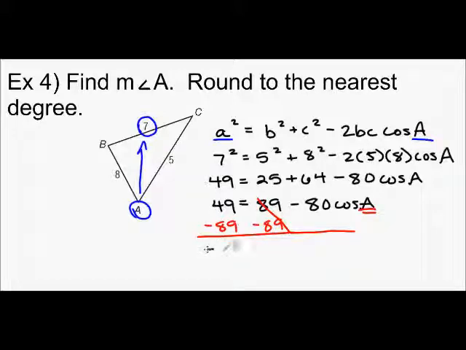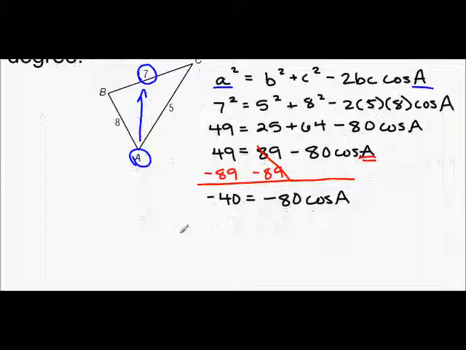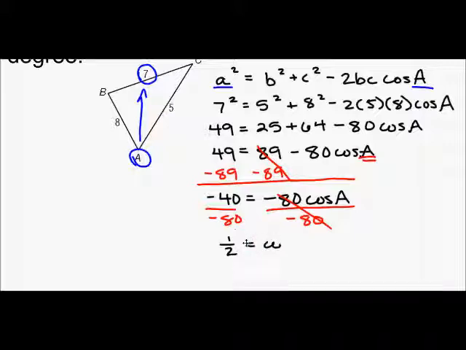And we have negative 40 equals negative 80 cosine A. Now those are multiplied, so we're going to divide both sides by negative 80. Negative 40 divided by negative 80 is 1/2, or 0.5.